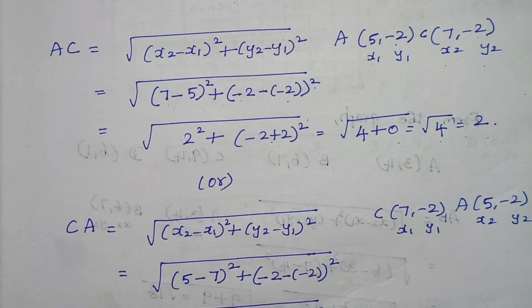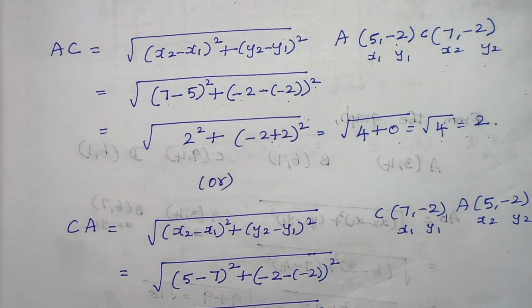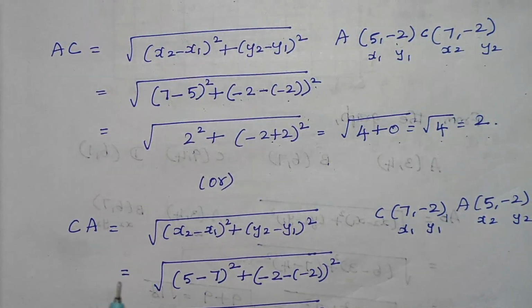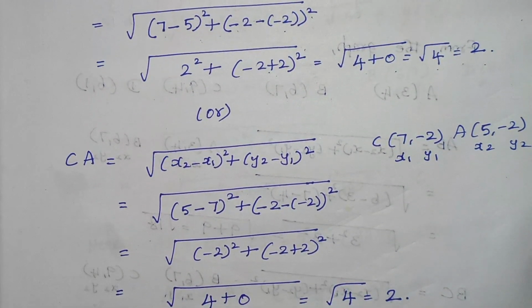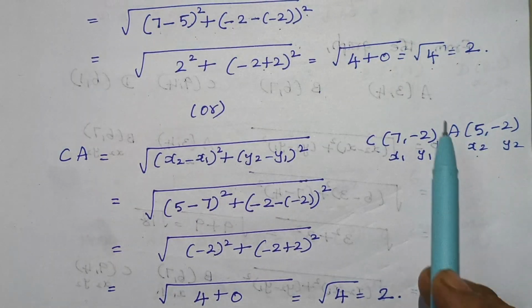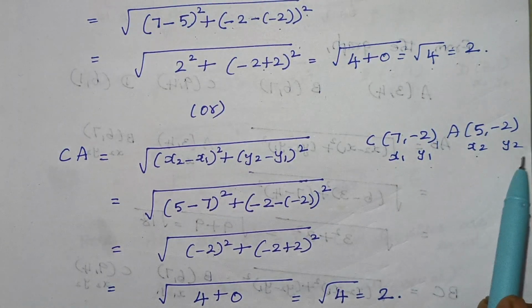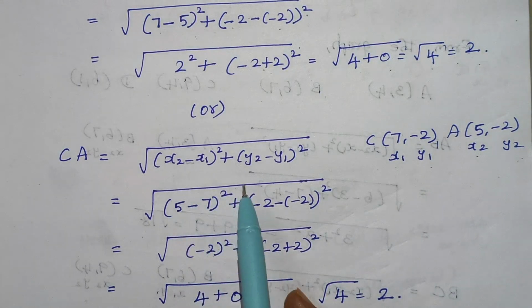Right. So you can calculate AC or CA. Both mean the same. They give the same answer. Just to illustrate that, I have calculated CA also. So first we are taking the point C and next we are taking A. C gives x1, y1 and A gives x2, y2. Again we substitute in the same formula.